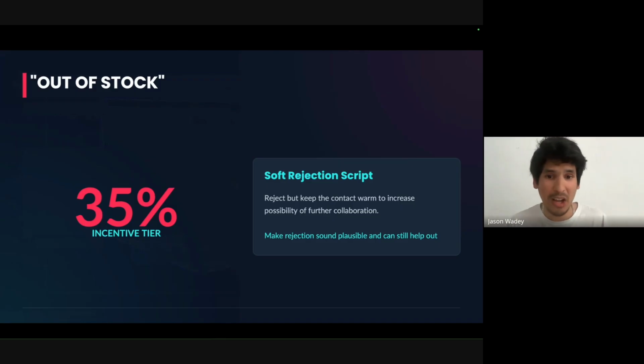The way I typically go about this is give them a reason, like an out of stock reason, that you're just not able to give it out right now because it's out of stock. But at the same time, you're able to give them a better affiliate commission rate, to make them feel valued. Like I say, this completely depends how you want to go about it, morally, ethically, however you choose.